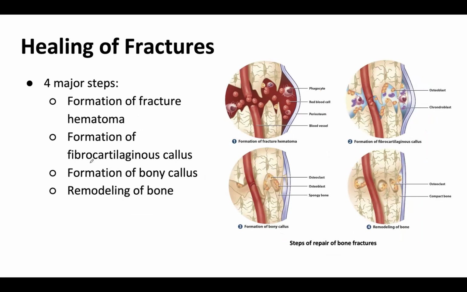There are going to be four major steps for bone fracture repair. The first is the formation of a fracture hematoma. With a bone fracture, the blood vessels in that region will tear, and that causes bleeding, and that bleeding leads to the fracture hematoma.